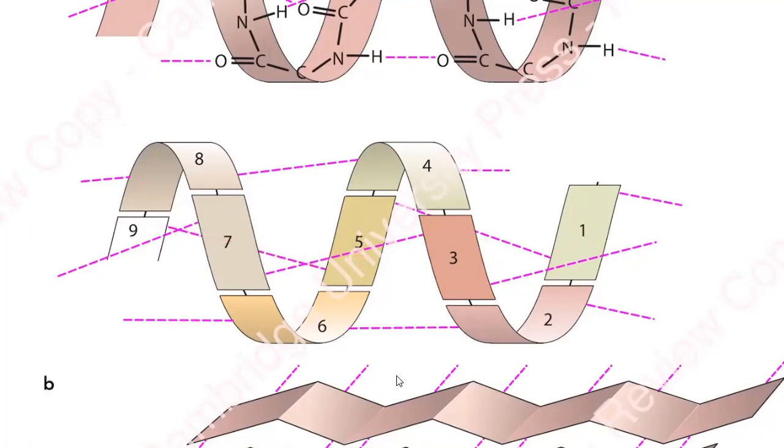Since this is a regular pattern, है ना, ये एक pattern है, ये ऐसे random नहीं बन रहे. So because of the regularity of the pattern of these hydrogen bonds between the oxygen of the CO group and the hydrogen of the amino group, such kind of a structure is known as the secondary structure and it has a specific shape.